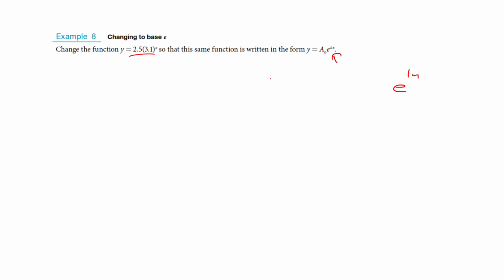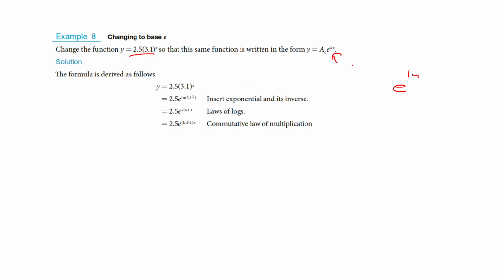So instead of 3.1 to the x, they're going to make it e to the ln of 3.1 to the x, moving that up, because these are technically opposites, so we haven't done anything. e to the ln would drop out and make it 3.1. So I can change this into a continuous base by just doing e to the ln.